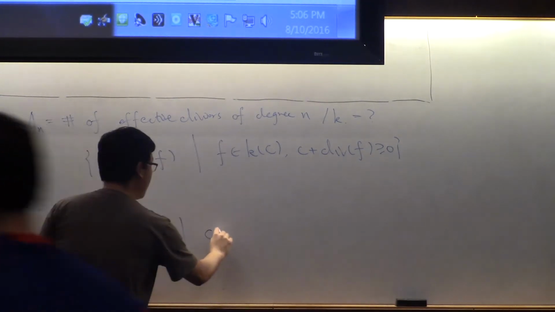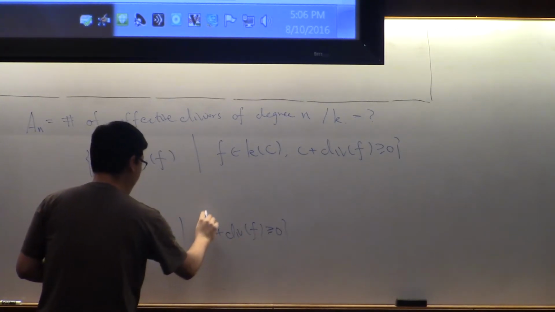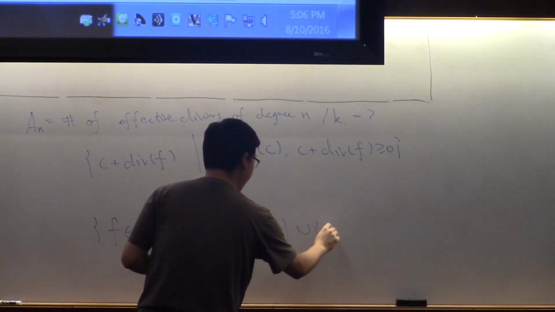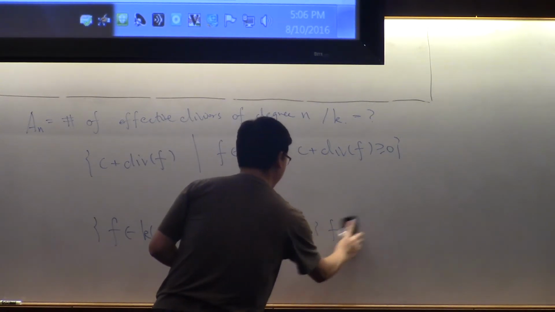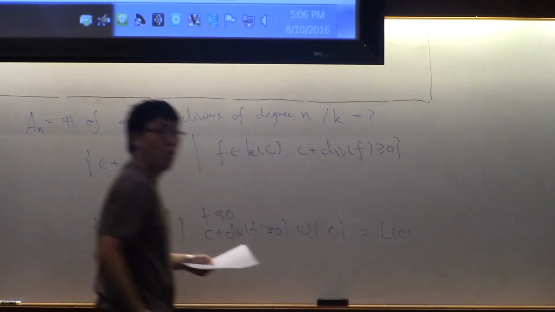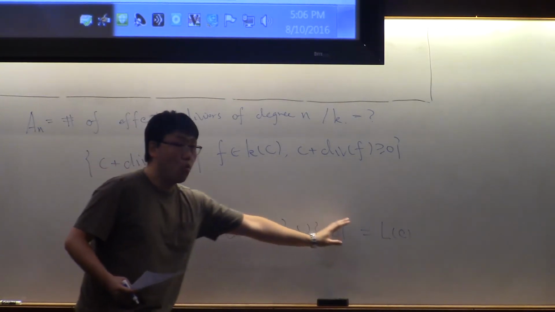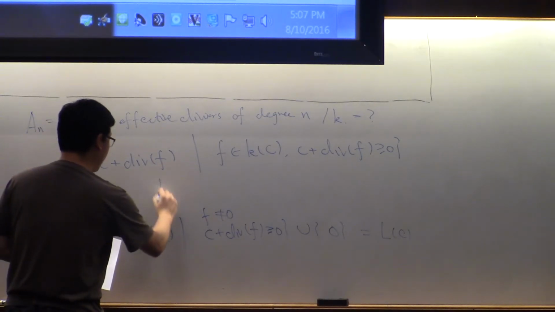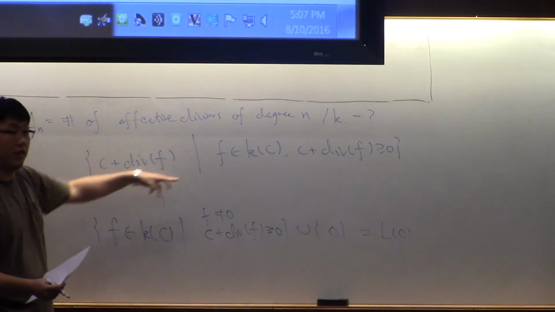It should satisfy that C plus div of f is positive, with f non-zero, together with f equal to the zero function. So this is the set L(C) we have just defined. And from this set, first we remove the zero function, and then we apply div. Then we get a divisor in this set.